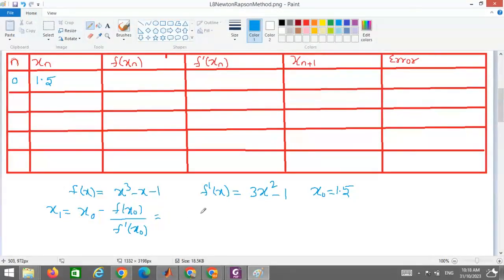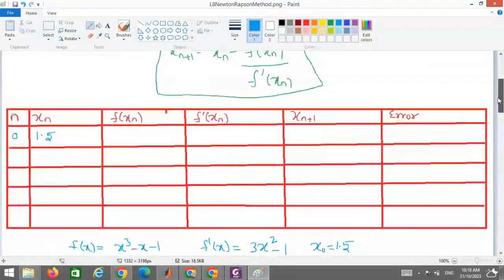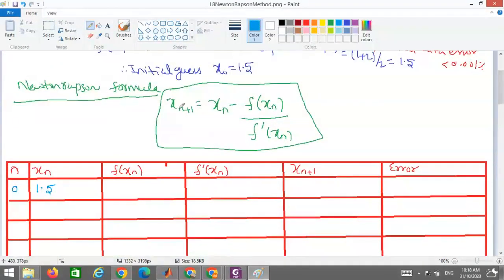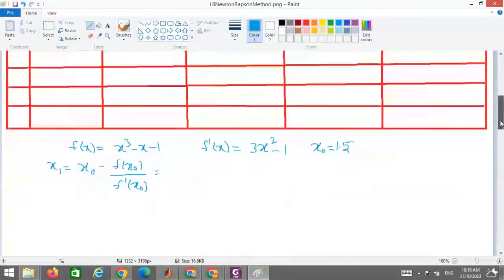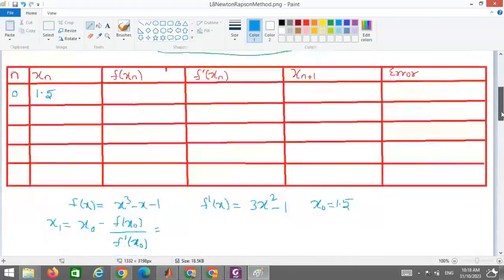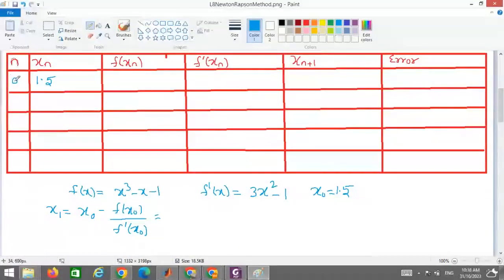How did you get this formula? You just put n is equal to 0 in the above Newton-Raphson formula, and you get x1 is equal to x naught minus f of x naught by f dash of x naught.